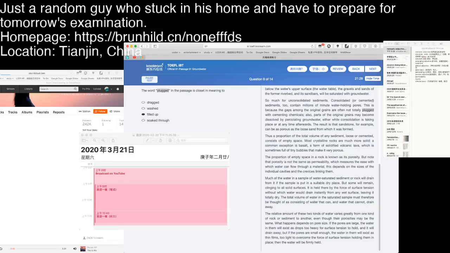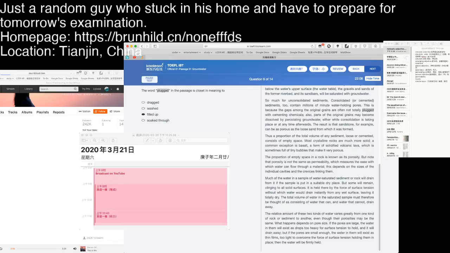It's C or D, but I don't think it is soaked through with the cementing chemicals. Plugged is physically plugging into the hole, like USB Type-C connectors. You plug a connector into a connector and fill up. I don't think it's soaked. Was it floating in or soaked through? I have no idea. I'll just go with filled up.